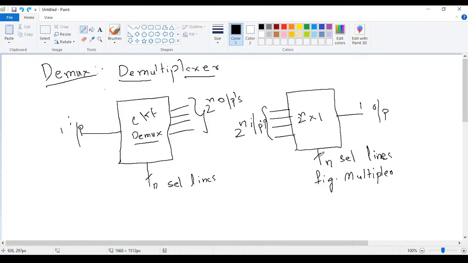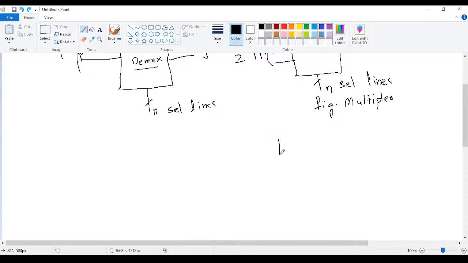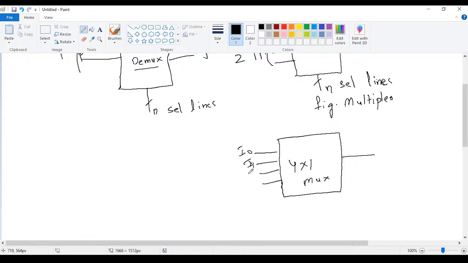Depending upon our selection lines, let us take a small example of a 4x1 multiplexer. By the symbol 4x1 we can identify it is a multiplexer because there are 4 inputs, I0, I1, I2 and I3, and here we have one output. 4 inputs means 2 selection lines.